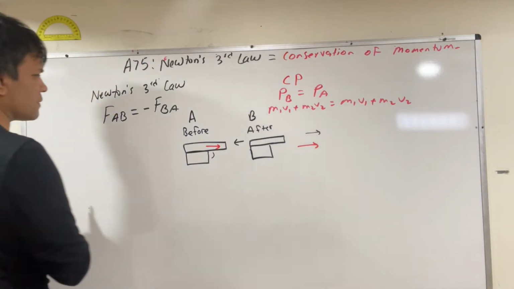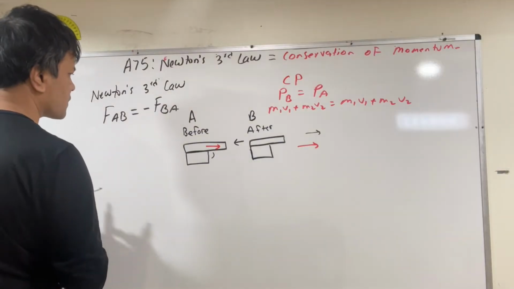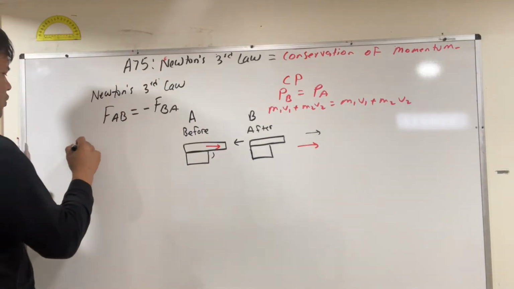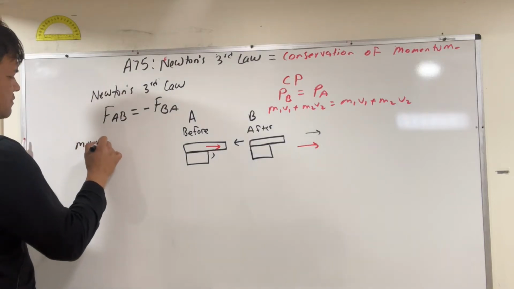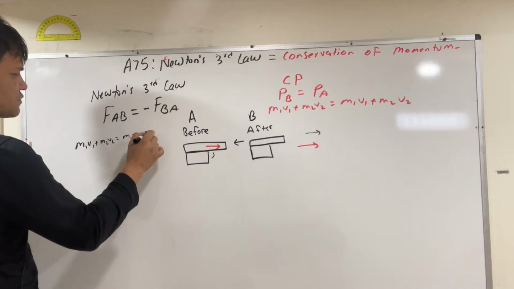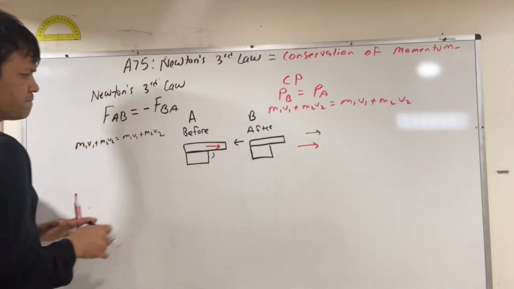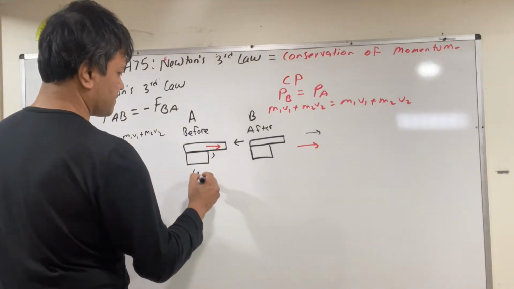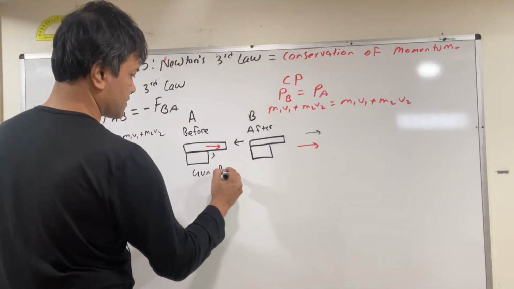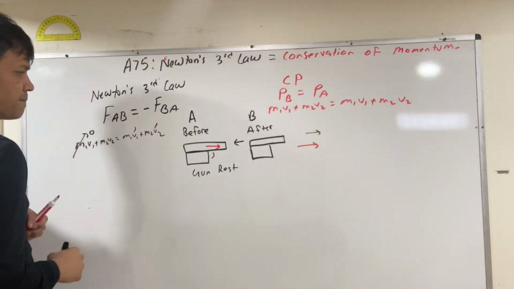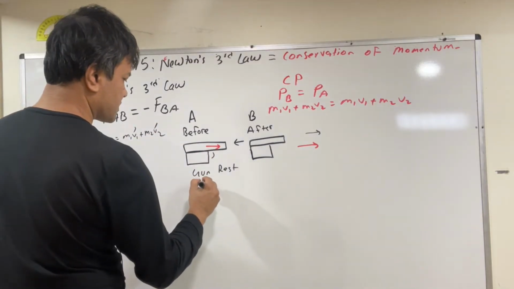All right, let's see how Newton's law looks over here. First we're going to use m1 v1 plus m2 v2 is equal to m1 v1' plus m2 v2'. Before, the gun is at rest, and make sure you put the prime. The bullet is also at rest.